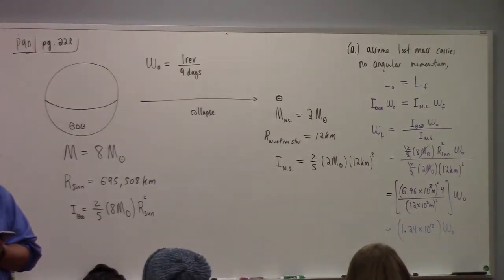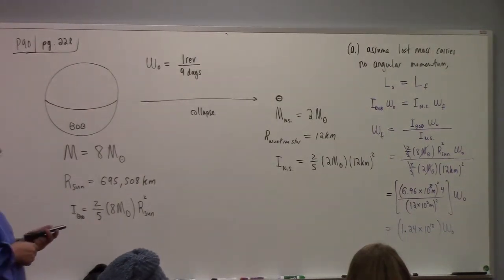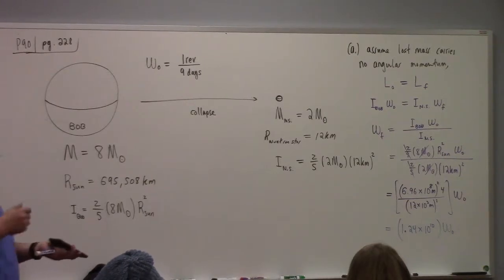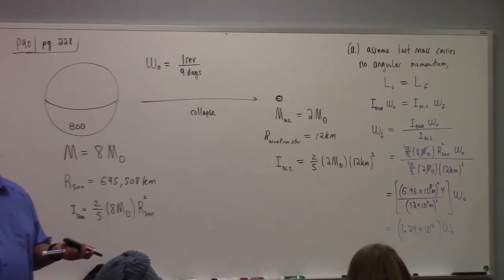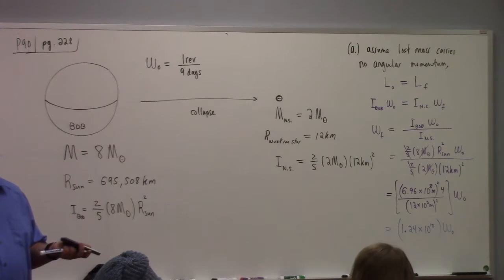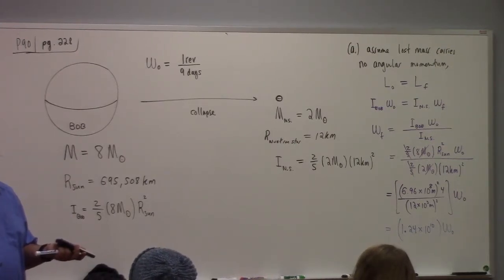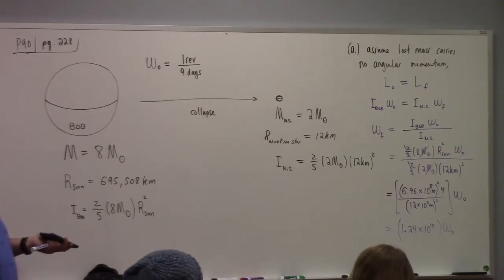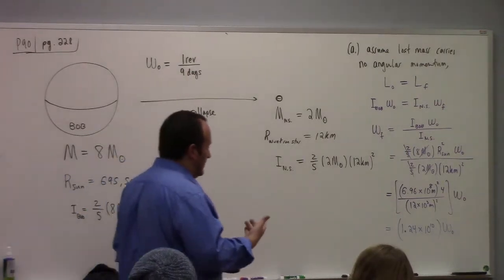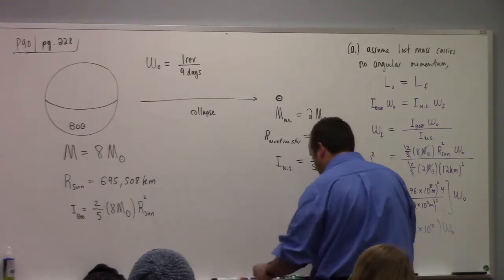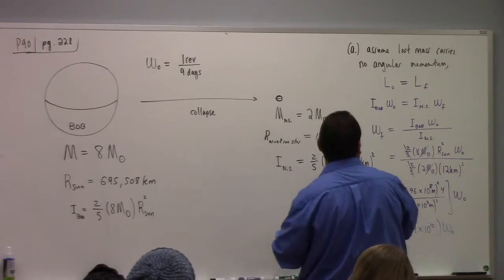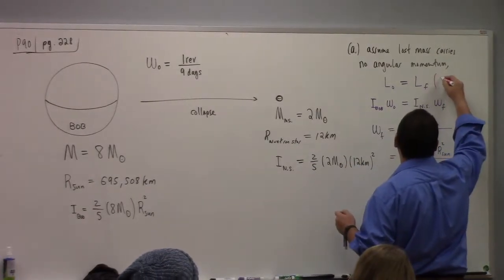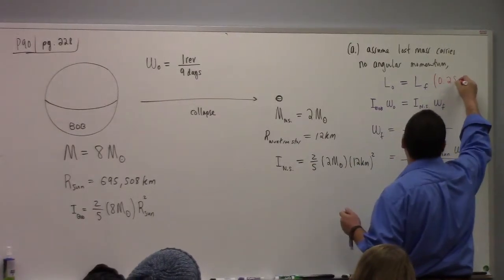So you see, now, what would happen if we said that the lost mass carries off angular momentum, right? Then you would only get to keep 25% of the original angular momentum. So I think for part B, you would just take this and divide by, well, this times 0.25.